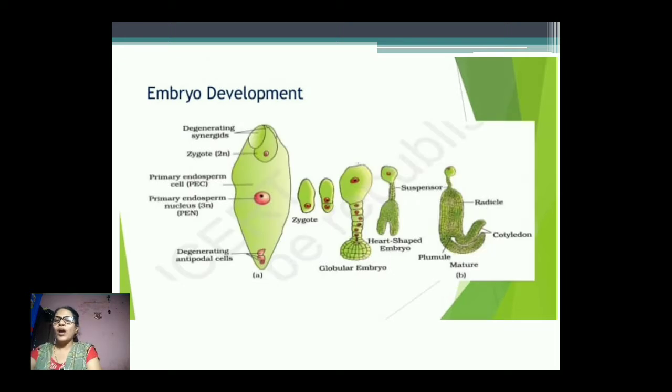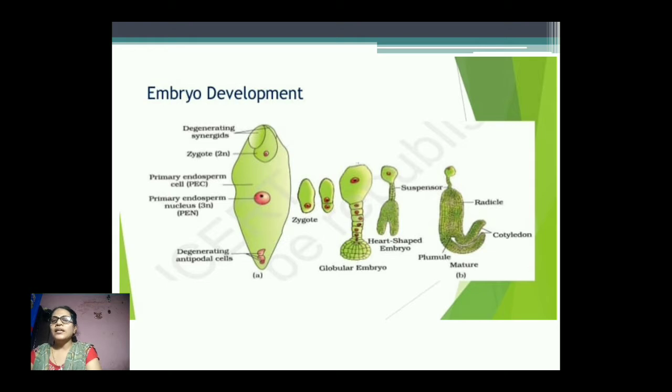Then the embryo: how is the embryo developed, or the development of embryo? We know that inside the ovary or ovule, there are two nuclei known as synergids, and in the middle of the synergids, the egg nucleus is produced. When the pollen nucleus enters the egg nucleus, it produces a zygote.